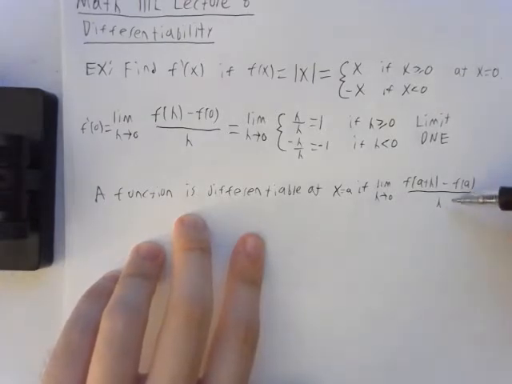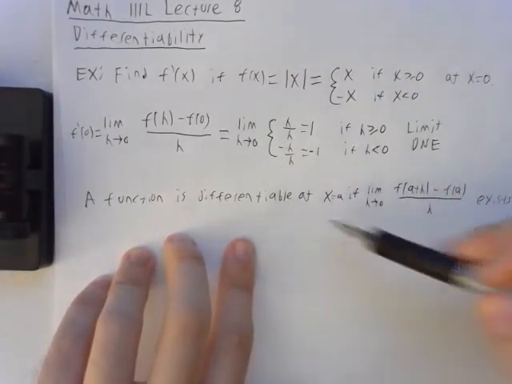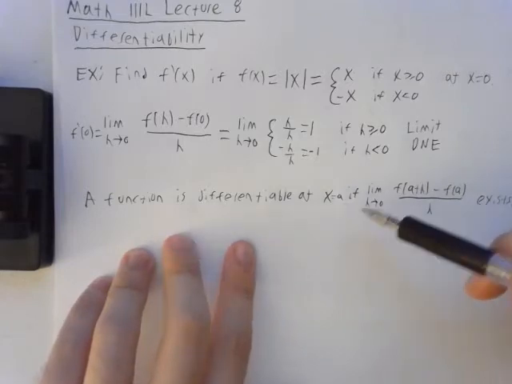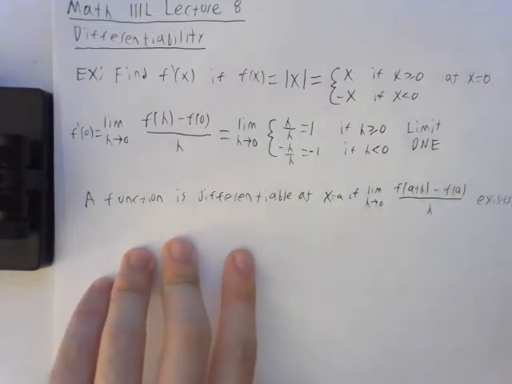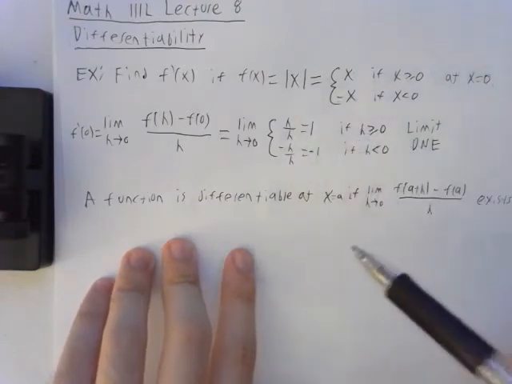So if we can calculate the derivative at that point and nothing goes wrong, then we call the function differentiable there. If this is true for every point that we pick a, then we just say it's a differentiable function. But for something like absolute value of x, we see that the function is not differentiable at 0.